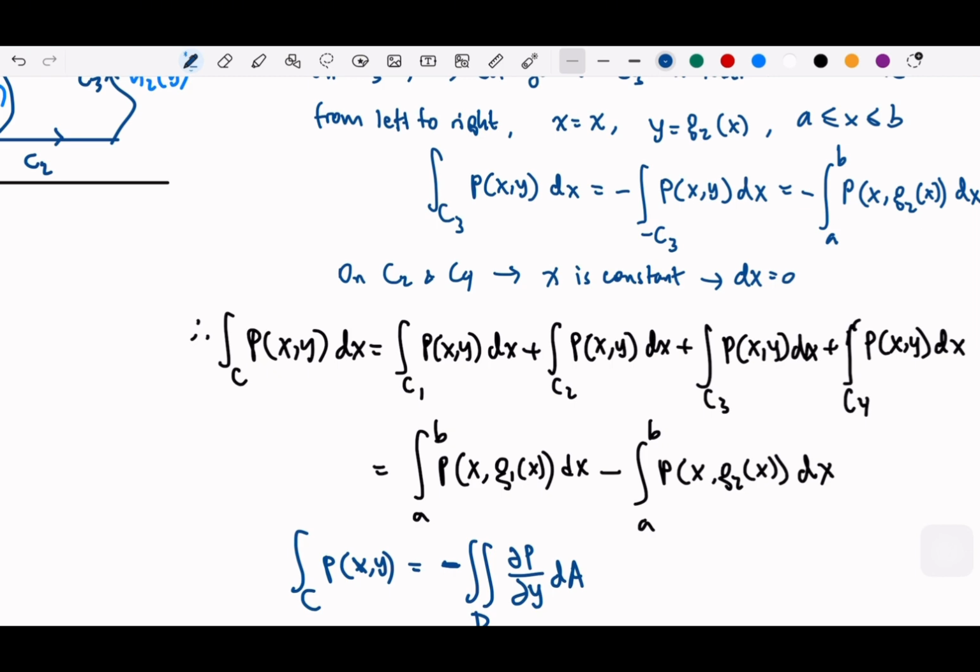And by combining these two, we could get the Green theorem.